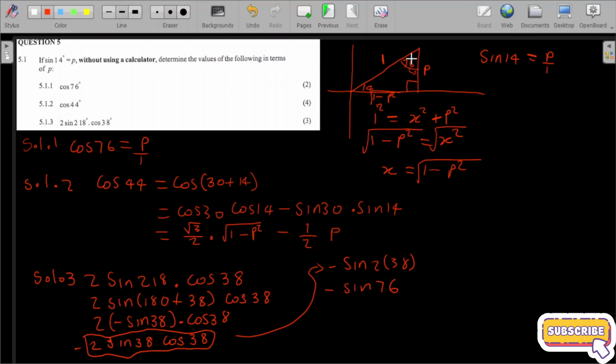Now I do have the angle of 76 here, and what is sine in terms of the trig ratios? Sine is opposite over hypotenuse. My opposite is the square root of 1 minus p squared. So this is part of question 5.